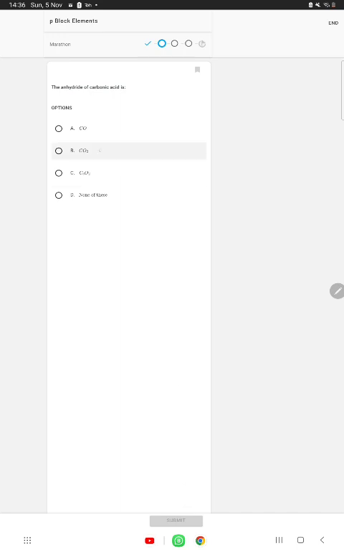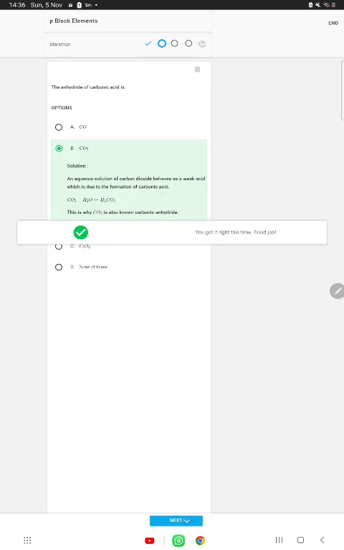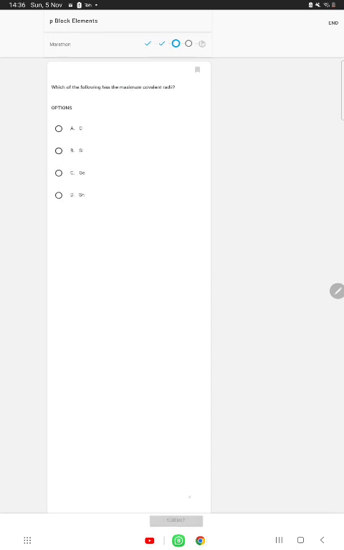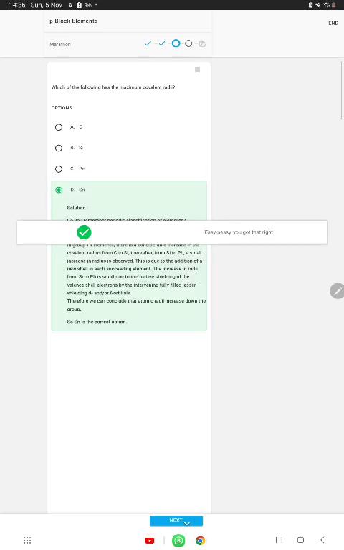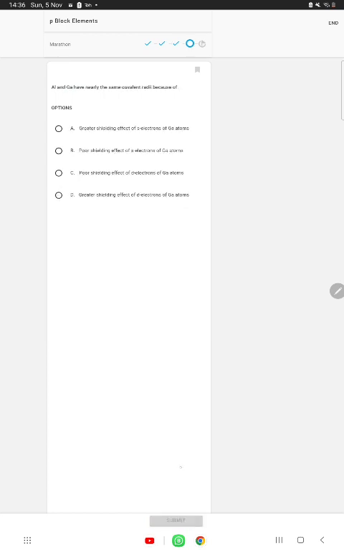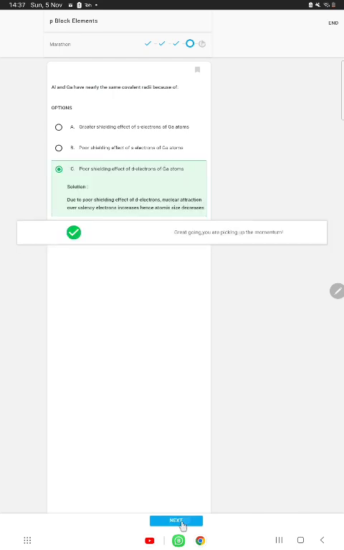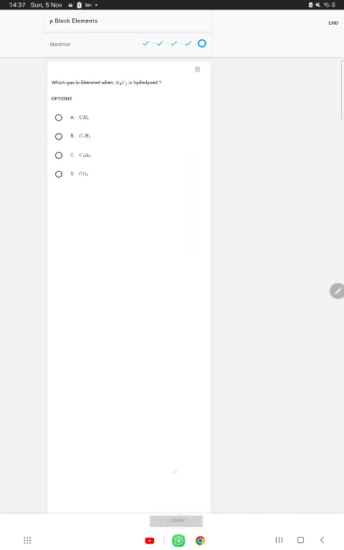Anhydride of carbonic acid. Which one of the following maximum covalent radii? AlGa have nearly same covalent radii, poor shielding effective. Which gas is liberated AlGaCH4?